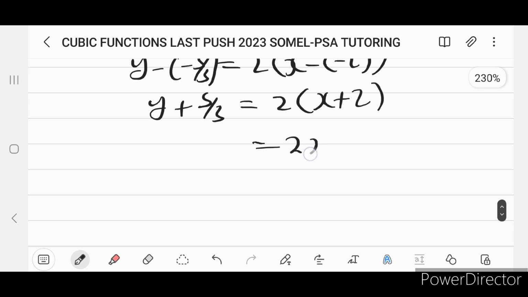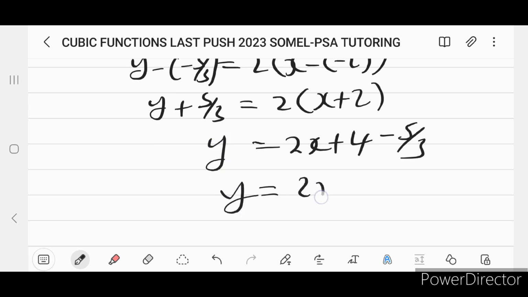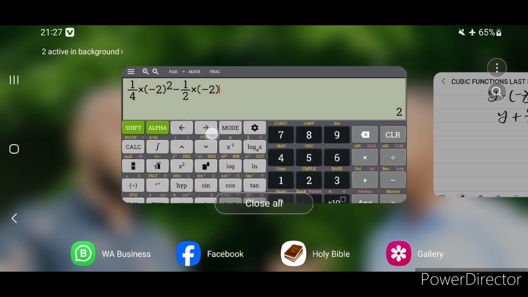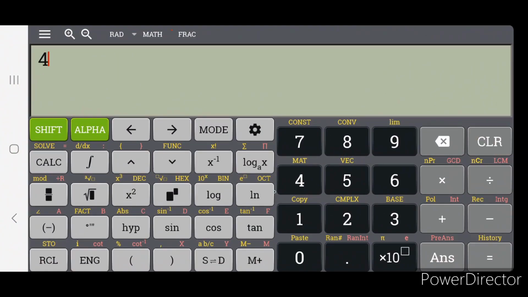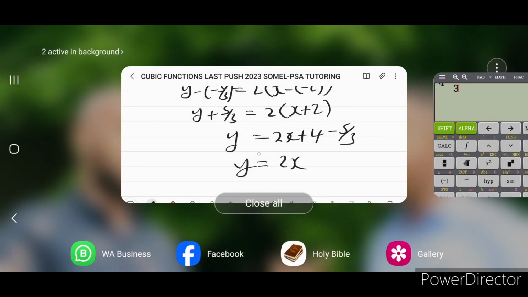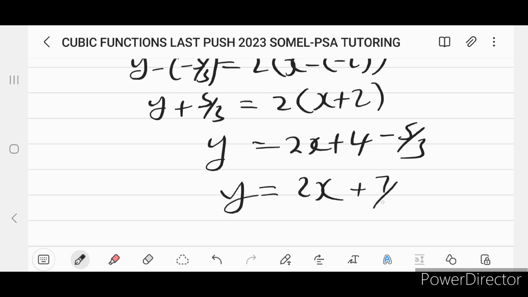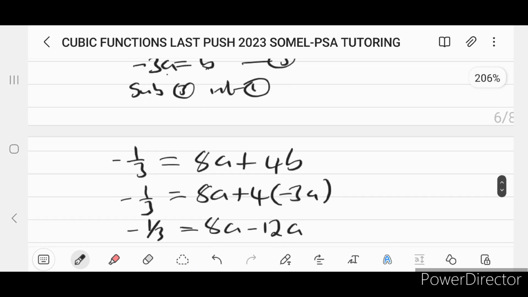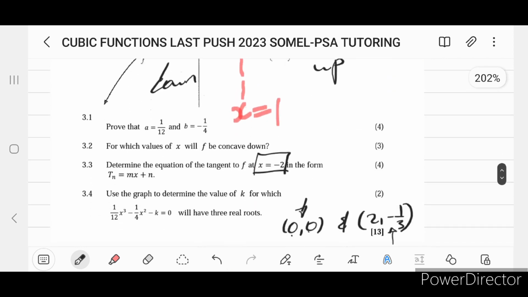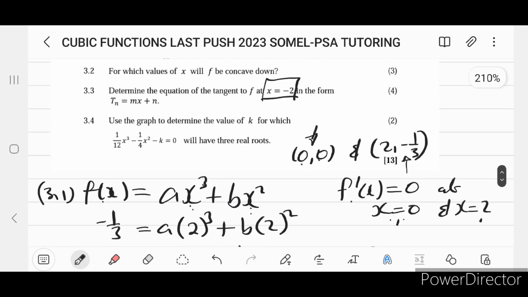Therefore, 2x plus 4, this comes that side is minus 5 over 3, y. So y equals 2x plus 4 minus 5 over 3, which is 7 over 3. So this is the equation of that tangent to the function.